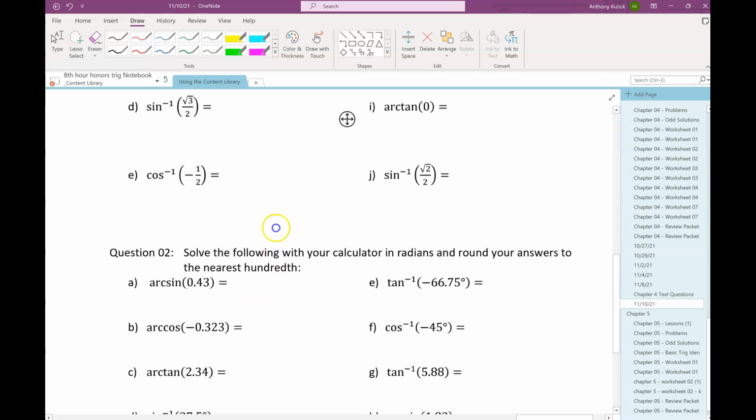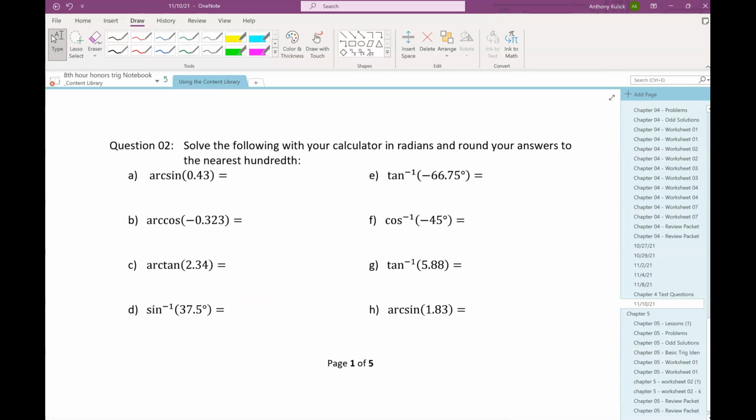Right, so it's the tan inverse of negative 66.75 degrees. Would you just throw that in your calculator? It's undefined, because it's an angle measure. Okay, so that doesn't work.